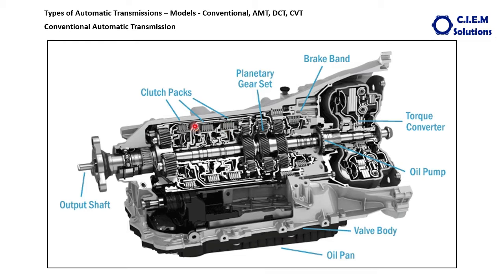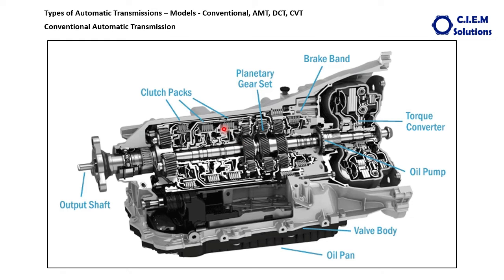Clutch actuation occurs through the hydraulic fluid, and one of the three members of the planetary gears is held, and the input will be given from one unit and output will come to the other unit, so the drive is transmitted. This is the conventional automatic transmission fitted in almost all higher capacity machines, that is mining machines and construction machines. What are the pros and cons of this transmission?